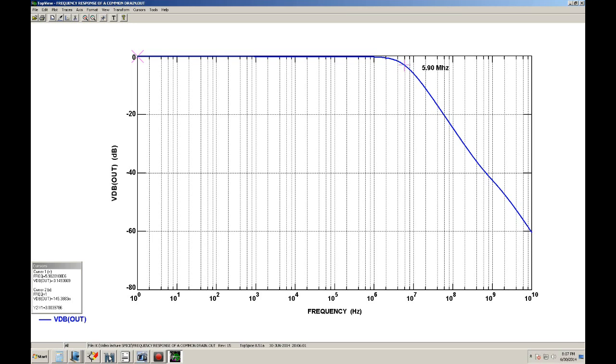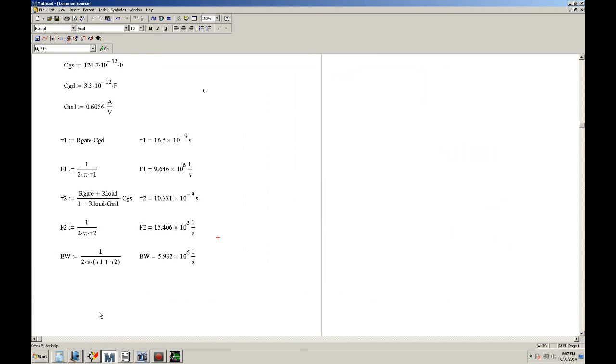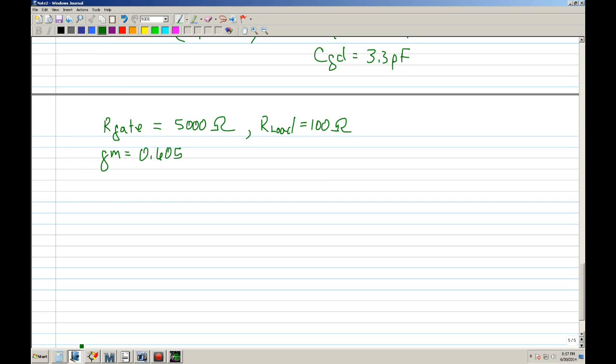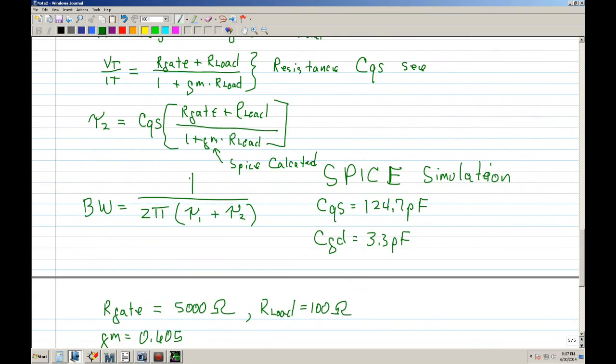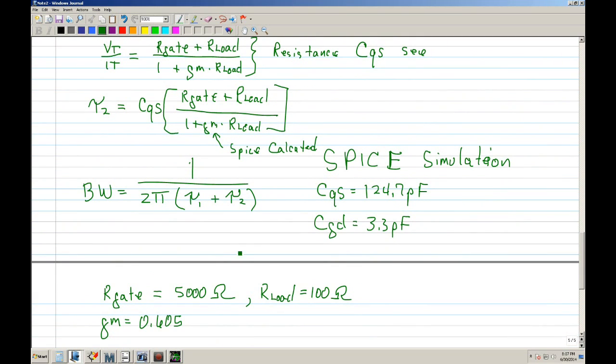Okay, now I do want to give a little bit of a caveat that this is a very good way of estimating bandwidth. However, the only issue is that the resistance of the gate has to be typically greater than R load.